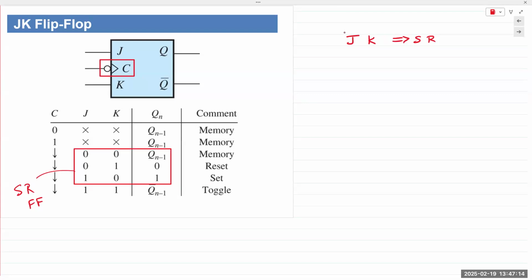What happens in 1 and 1, which is right here? That's mostly where the output functions as a toggle. The output toggles. So if J and K are both 1 and 1, the output toggles.